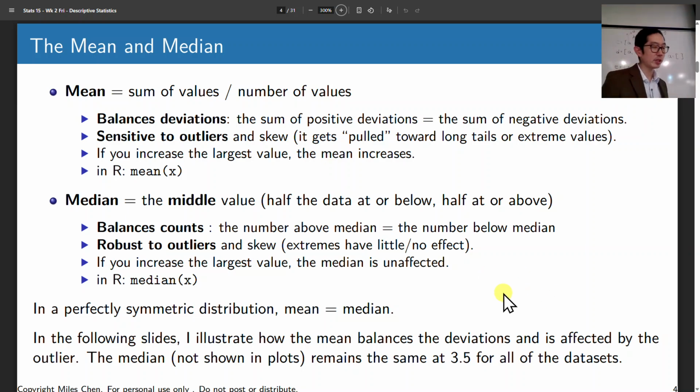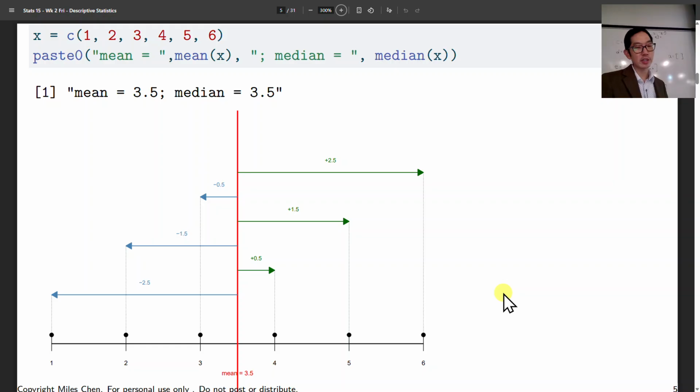All right, so I've got just a diagram here, right? So my numbers are 1, 2, 3, 4, 5, 6. And I put little dots here at 1, 2, 3, 4, 5, 6 along the number line. This red line here represents the mean, okay? And you can see each of these arrows would be one of our deviations, okay?